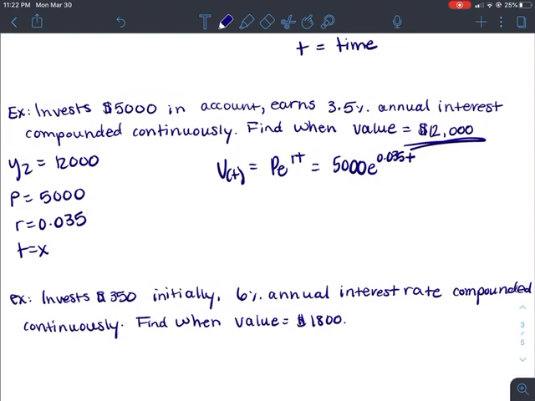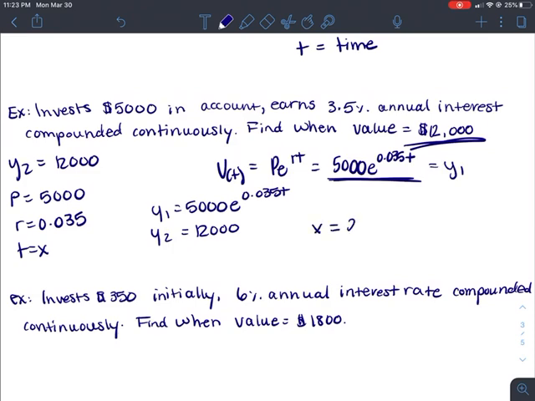This is what you're going to be plugging into your calculator for y1: 5,000 times the base e raised to 0.035t. y2 is going to be 12,000. When you graph them and find where they intersect, the value is going to be about 25.01. So that's about 25 years.